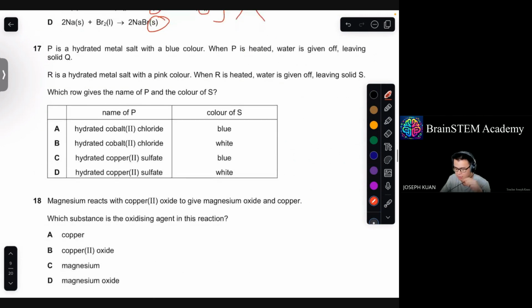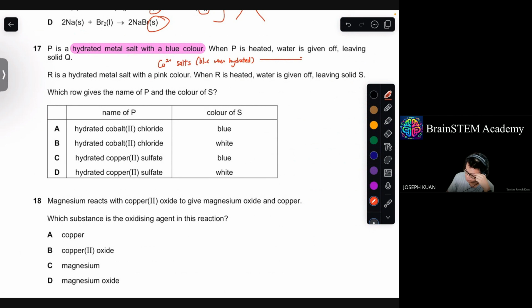Moving on to 17. P is a hydrated metal salt with a blue color. Whenever you see a hydrated metal salt with a blue color, you should think of copper(II) salts. They are blue when hydrated. When P is heated, water is given off, leaving solid Q. So we are heating P, which is the hydrated copper(II) salt.